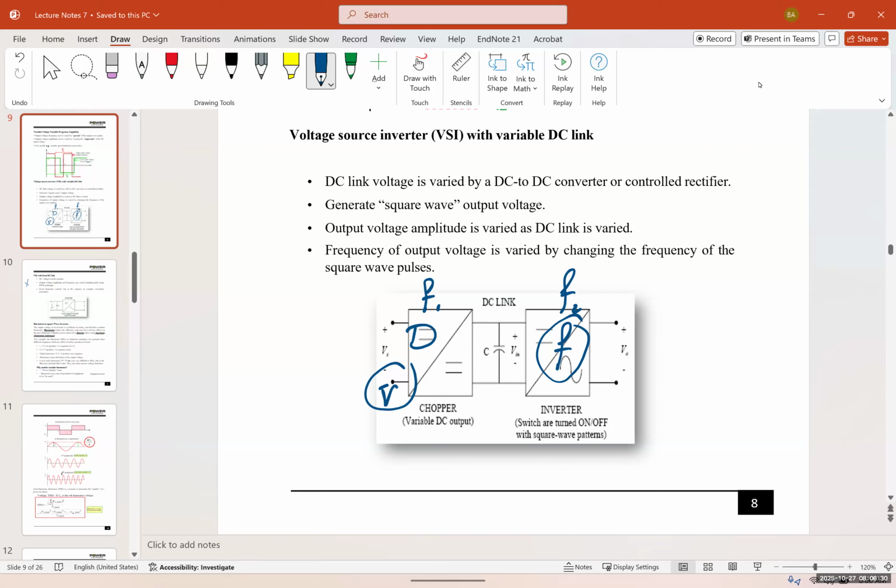The purpose of this chopper, or this variable DC voltage, is to provide a fixed input voltage for the second stage. The second stage converts that to an AC signal with a fixed frequency and voltage. So where do we control the voltage? At the first stage. Where do we control the frequency? At the second stage.